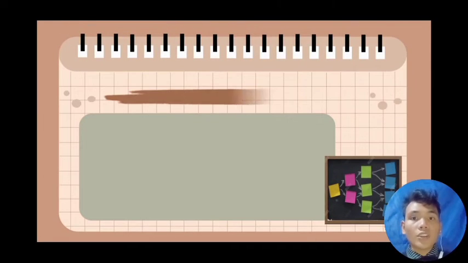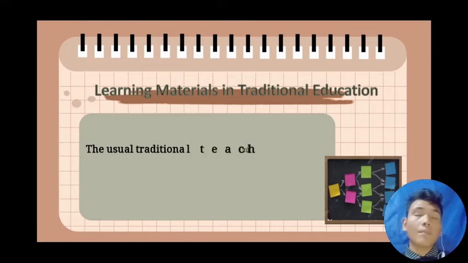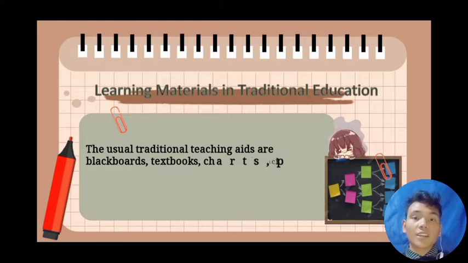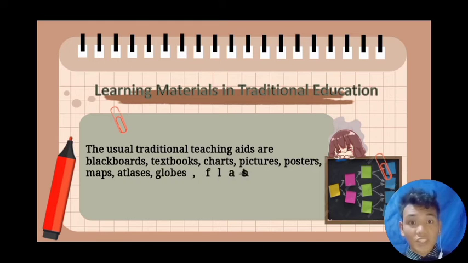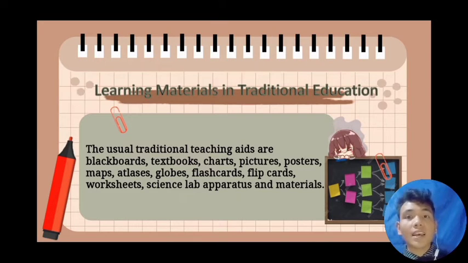In traditional education, the usual traditional teaching aids are blackboards, textbooks, charts, pictures, posters, maps, atlases, globes, flashcards, flip cards, worksheets, science lab apparatus, and materials.